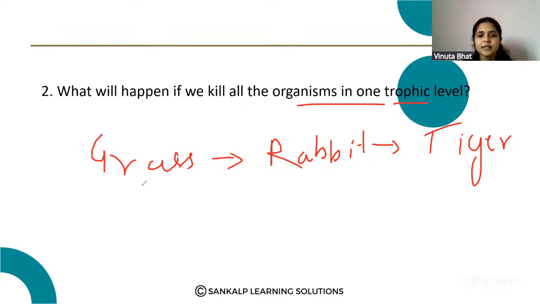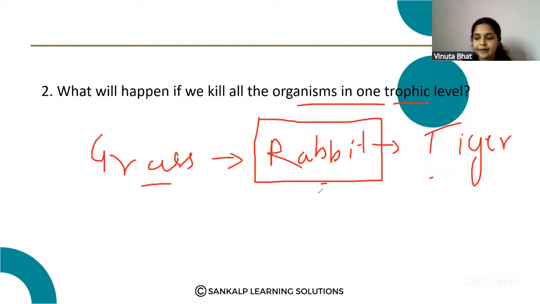Each step in this food chain is called a trophic level. So if we kill the organisms present in one trophic level, just imagine this is the rabbit, which is present in the second trophic level. We are going to kill all the rabbits in this environment. Then what happens?